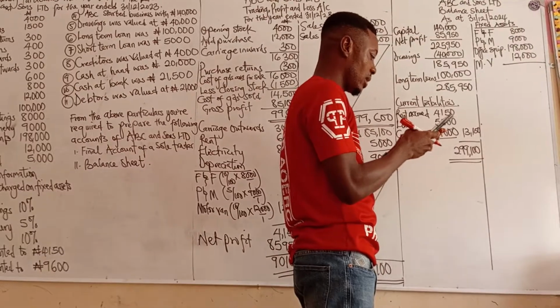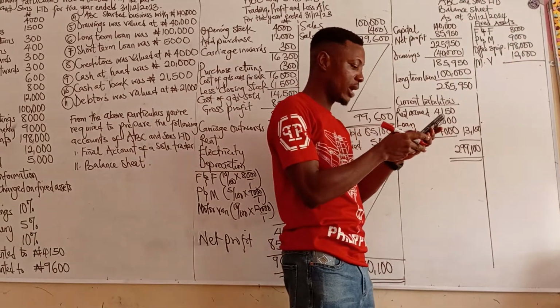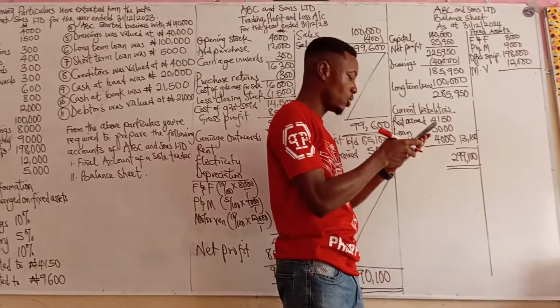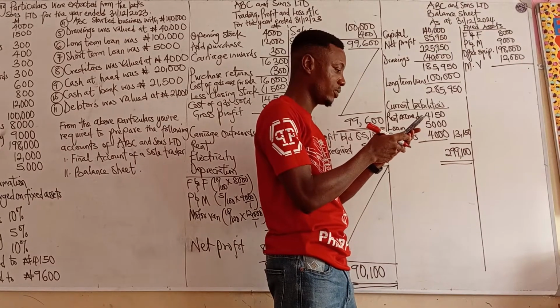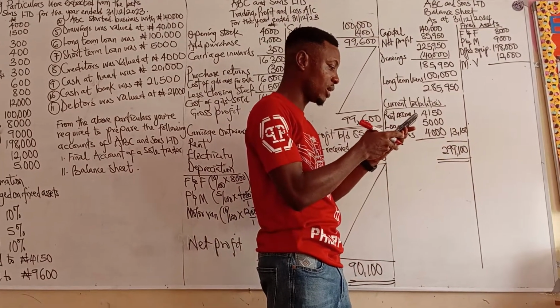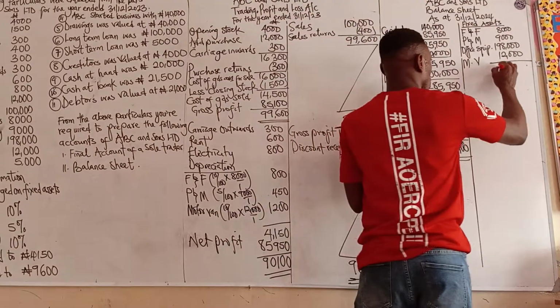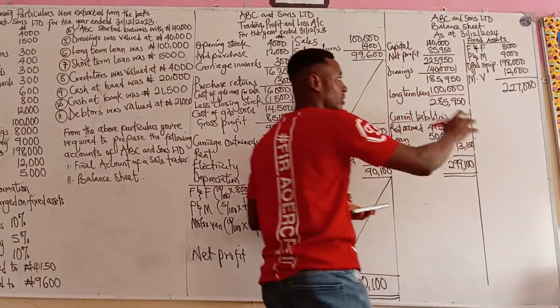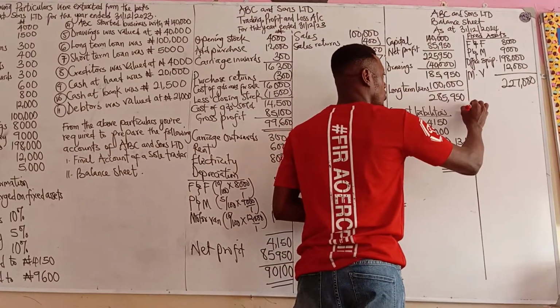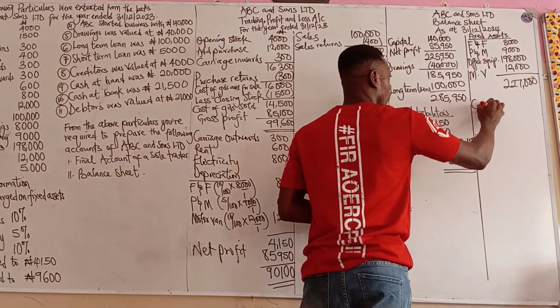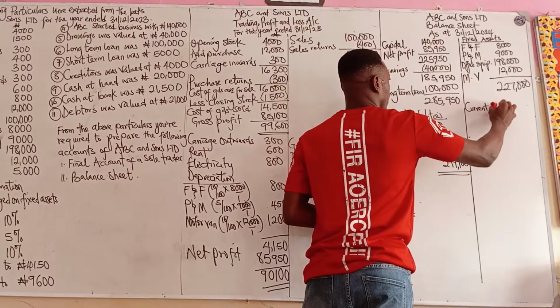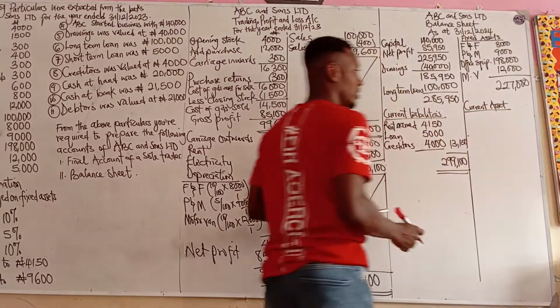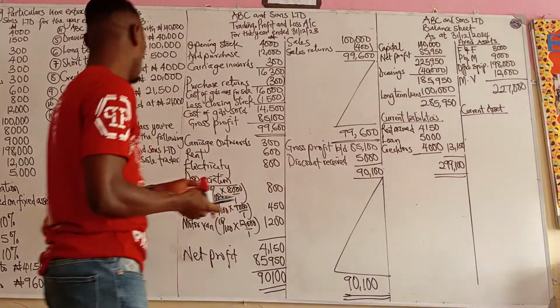So I have 8,000 plus 9,000 plus 198,000 plus 12,000. This gives me 227,000 under my fixed assets. Now I'll come into my current assets. My current assets are those things that improve the value of my organization.